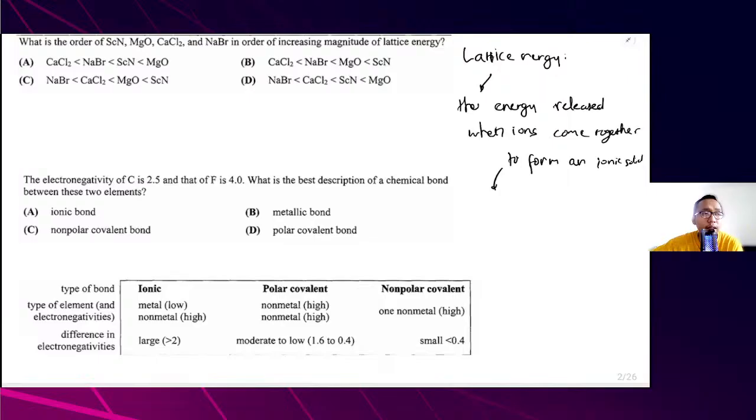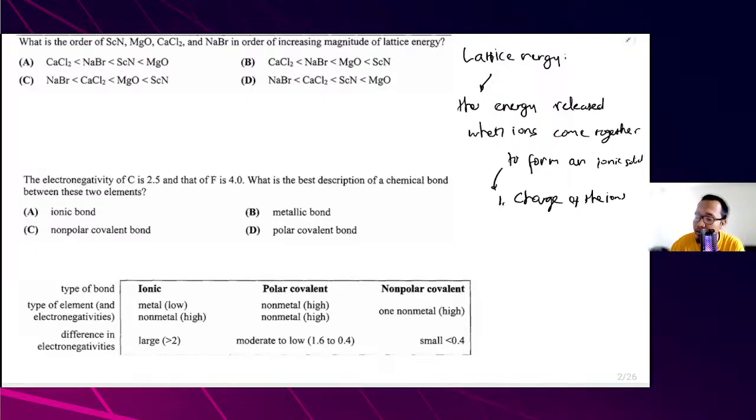The magnitude depends on two main factors. The first factor is the charge of the ion.